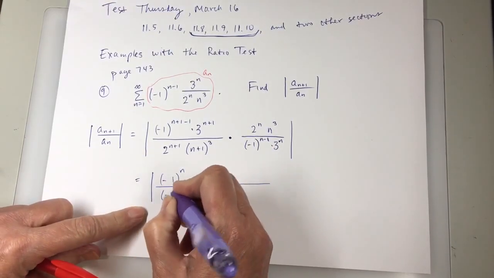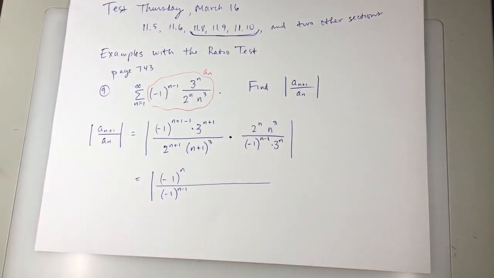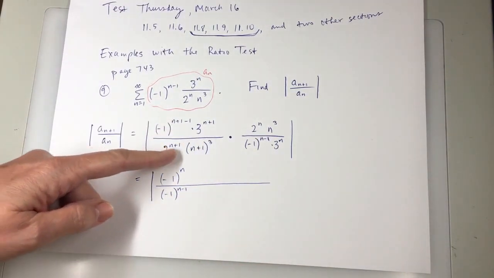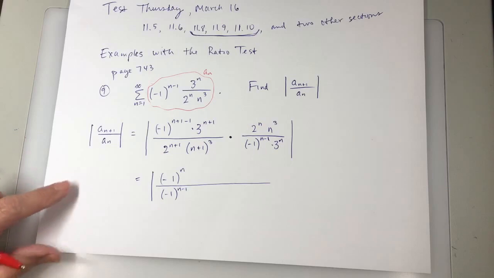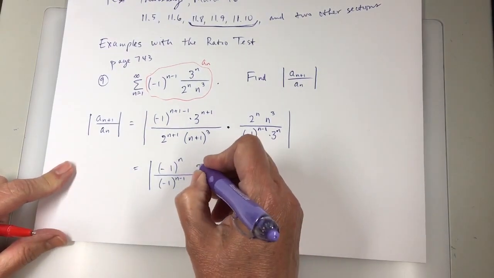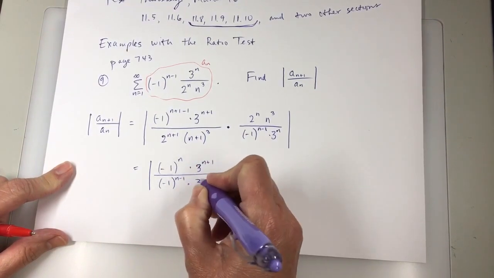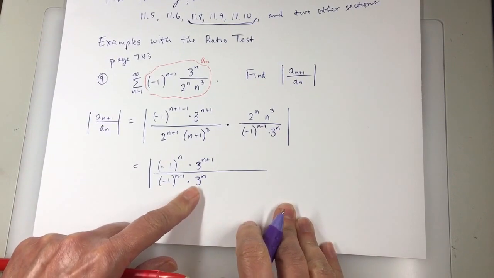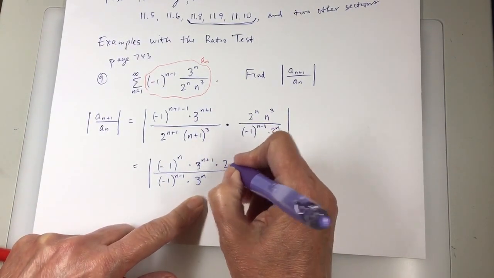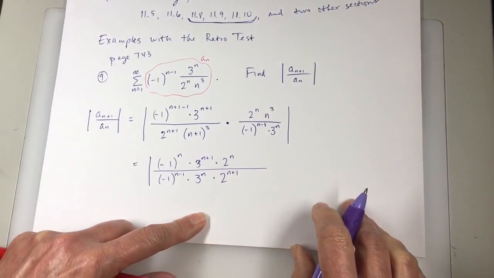Last time I did not write this as a single fraction. This time I'm going to write it as a single fraction. So it's multiplication straight across. Use the commutative property to reshuffle what's in the numerator and what's in the denominator. So I have 3 to the n plus 1 over 3 to the n, and then times 2 to the n over 2 to the n plus 1 in the bottom.